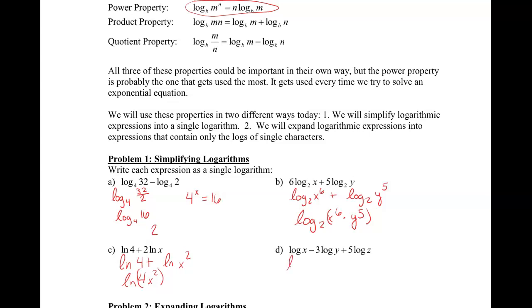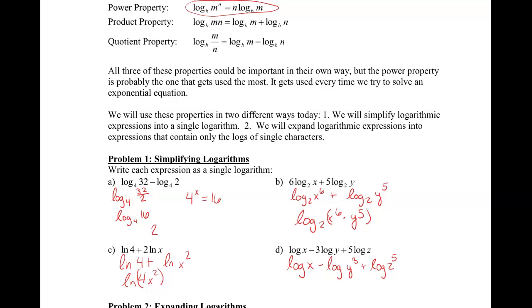So I will have log of x minus log of y to the third plus log of z to the fifth. Alright, and I could have read those all as log base 10, but again, if I just write log, it should be assumed that it is log base 10.